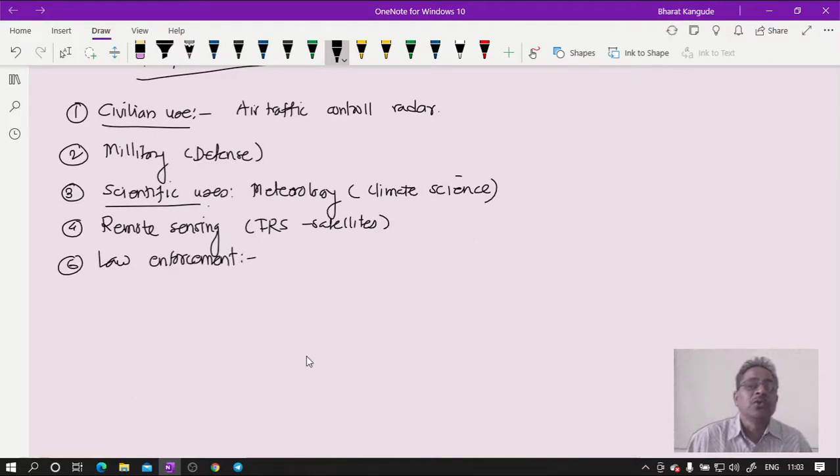Again, at local level, police use this type of device, where if there is some mob or some untoward incident happening, to identify that. If a road accident happens somewhere in a remote area, it may be very difficult for people to reach that area within a very short time.